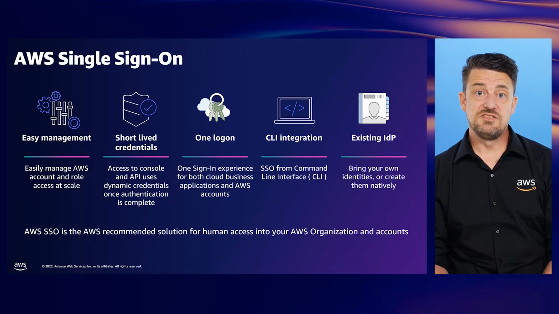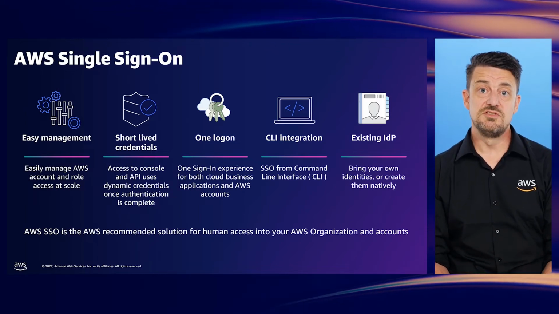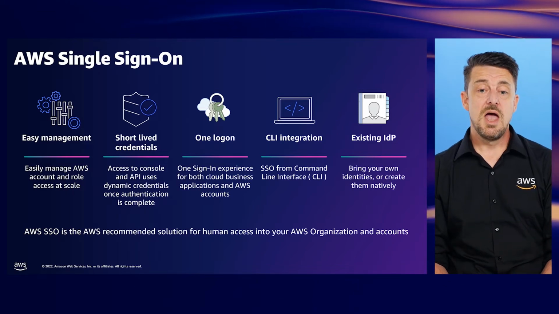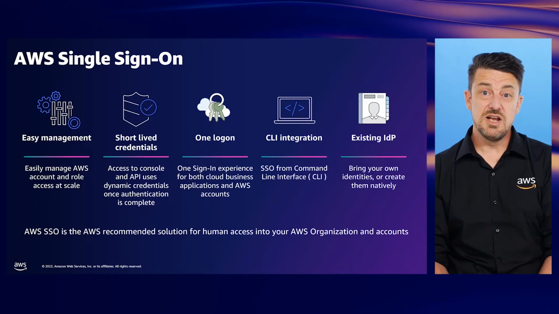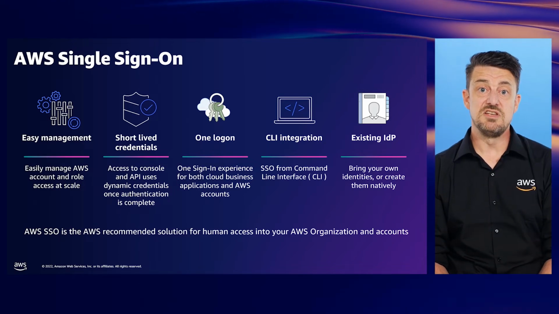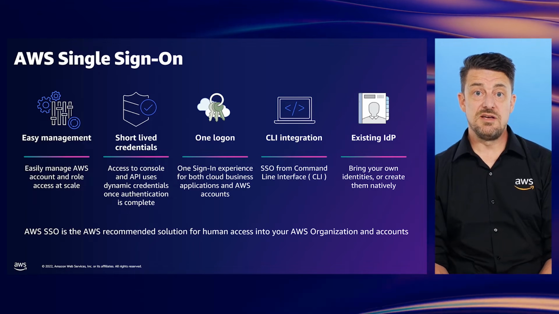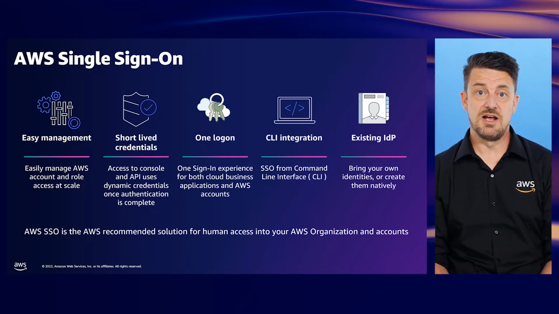We provide native SSO integration with AWS CLI v2, which allows your users to use their CLI with the same login process as the console. And AWS SSO integrates with your existing IDP, or you can even begin your SSO journey by using the inbuilt directory. AWS SSO is the AWS recommended solution for human access into your AWS Organisation and accounts.